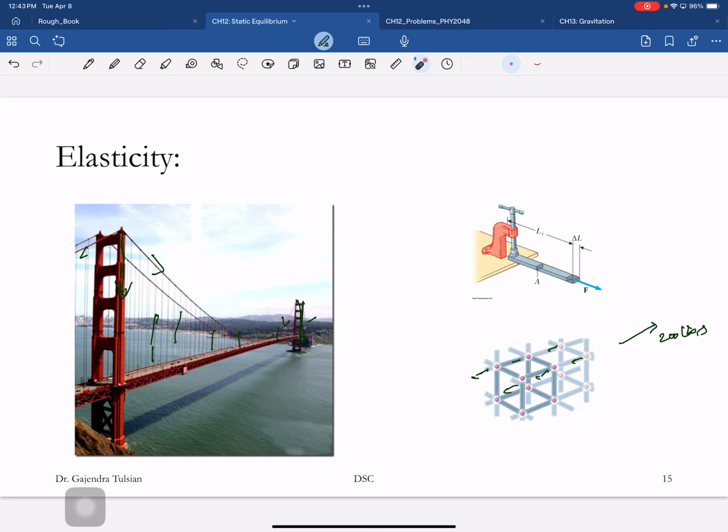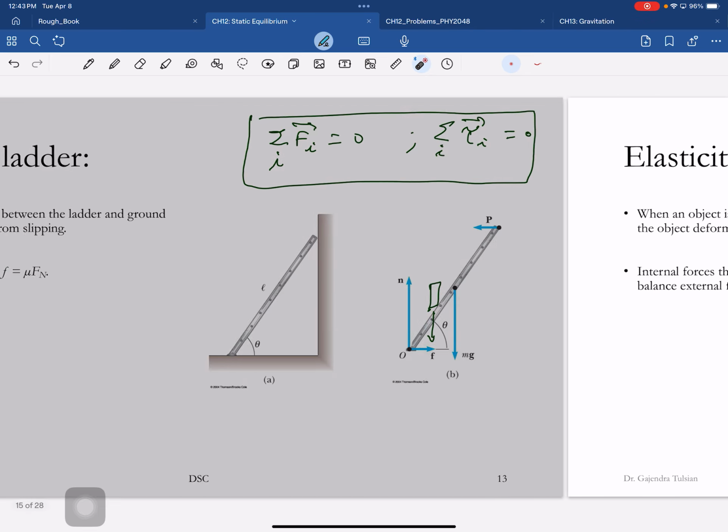Now when we want to use these materials in our constructions, you want this elastic behavior to be exhibited how many times? Forever. All right, so that's the point of this section.